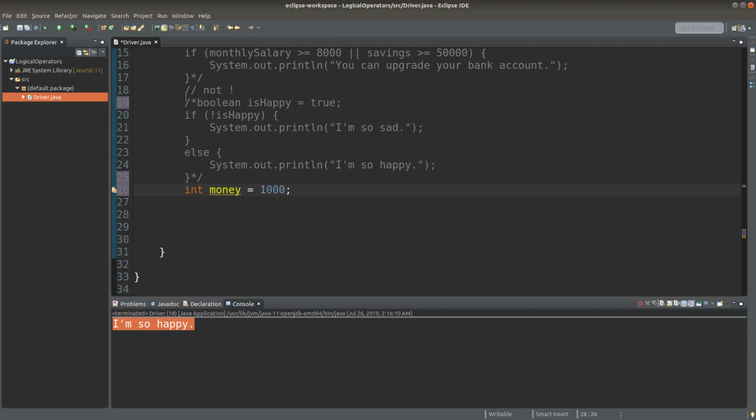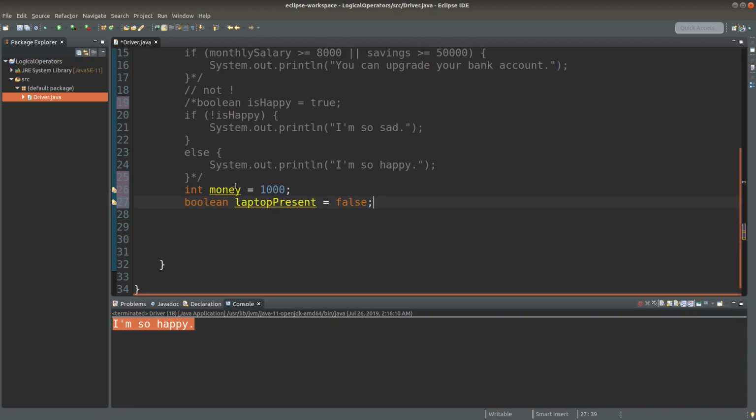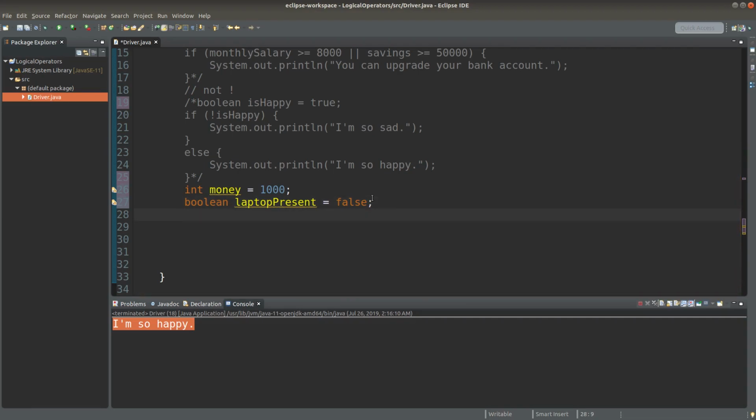I have $1,000. I don't have a laptop, so the Boolean variable called laptop_present is false. So I want to see whether I'm able to buy a new laptop according to the money I have for now.